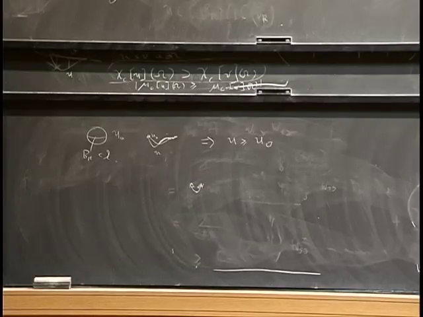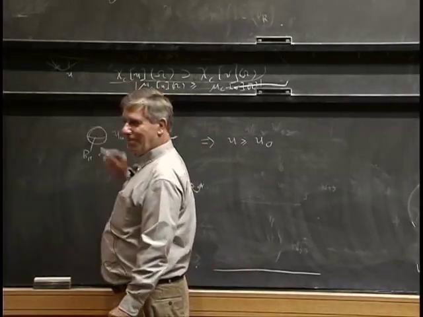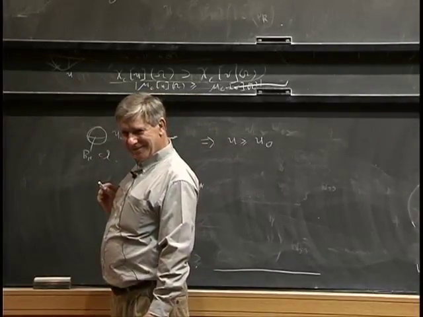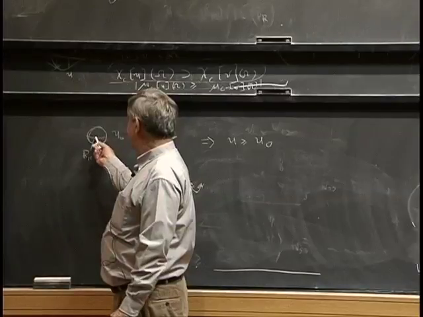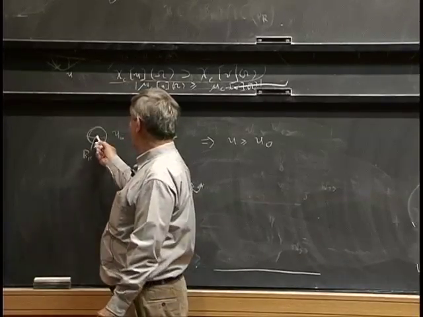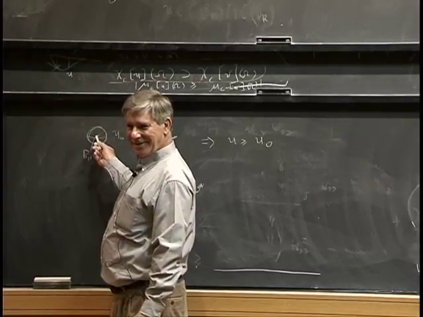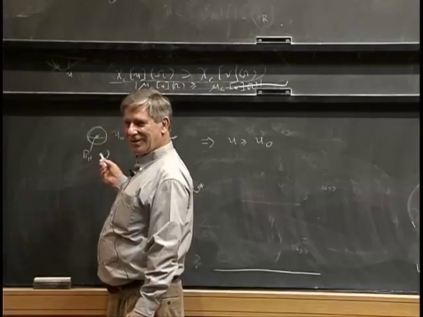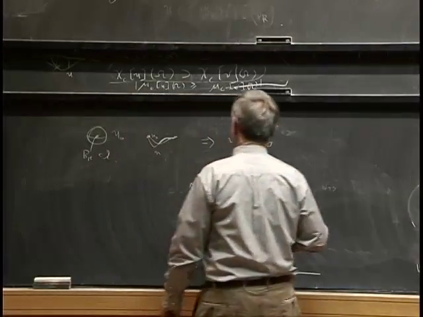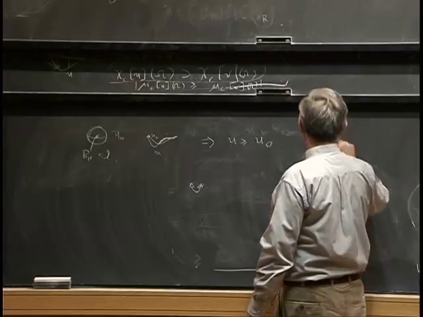I can apply the comparison principle because I'm not working on my omega anymore. I'm working on a small ball. So my sigma map is changing. But on the small ball, it gets larger. So I can do a one-sided comparison. So we can conclude u is greater than or equal to u0 in BR.